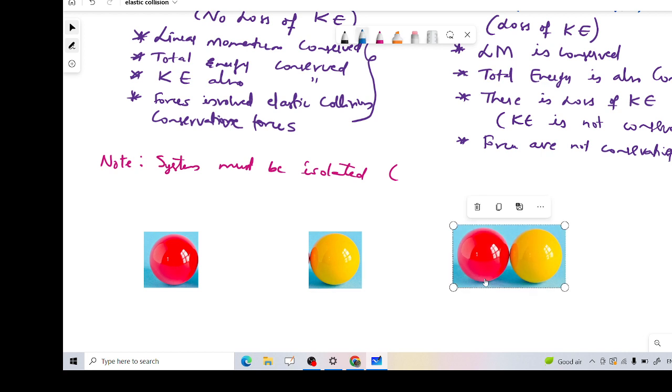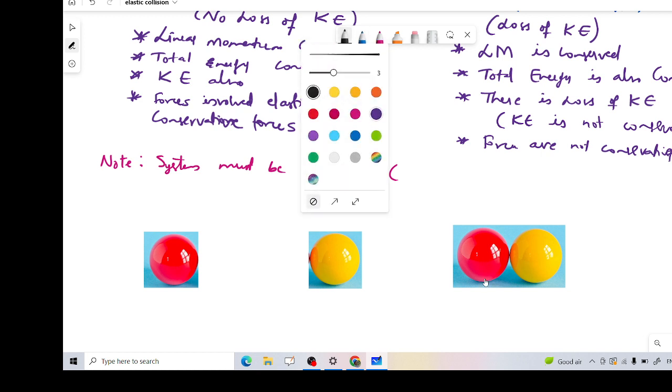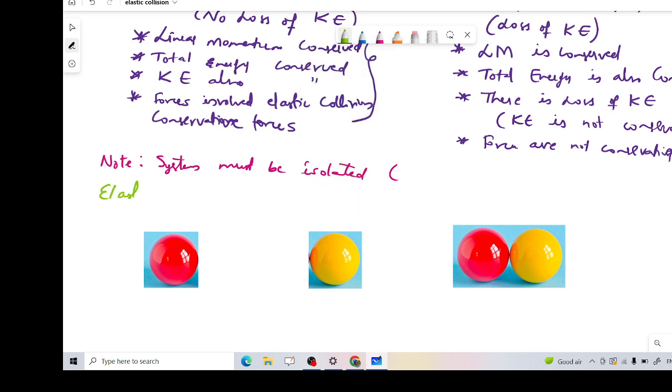The main heading is elastic collision in one dimension. So we are focusing only on the x-axis here.